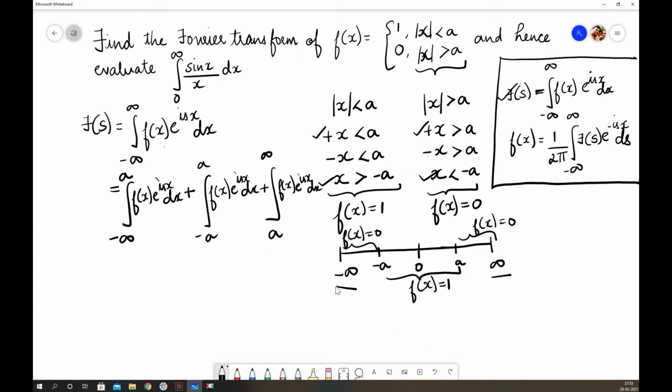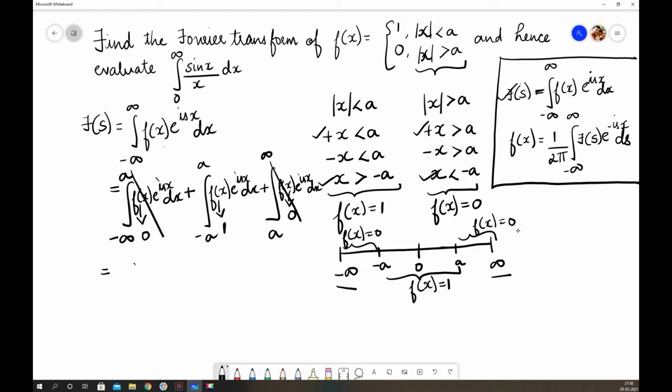For the first part, minus infinity to minus a, what is the function? F of x is 0. So here it is 0. The second part, minus a to a, the function is 1. The last part, a to infinity, my function is 0. So this is 0. 0 into anything is going to be 0, so these parts will get cancelled.